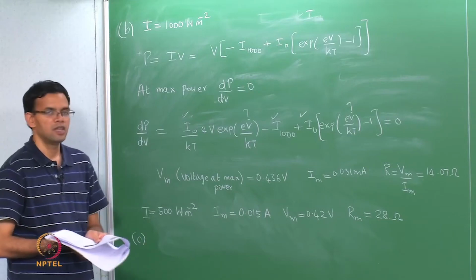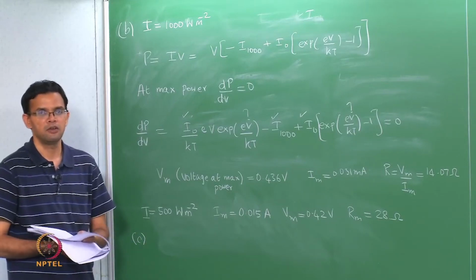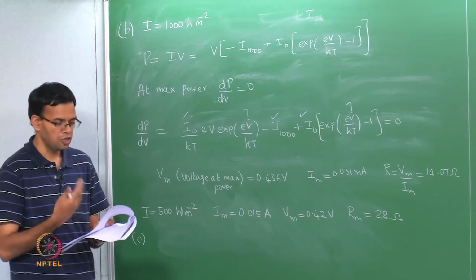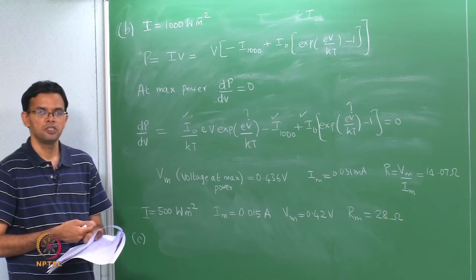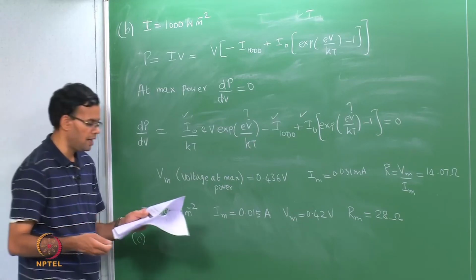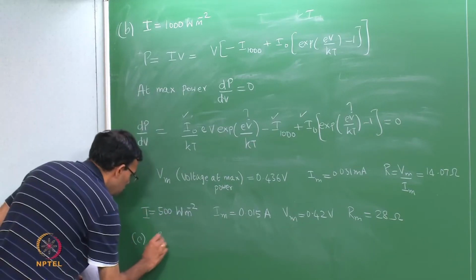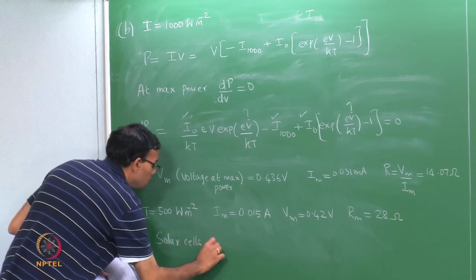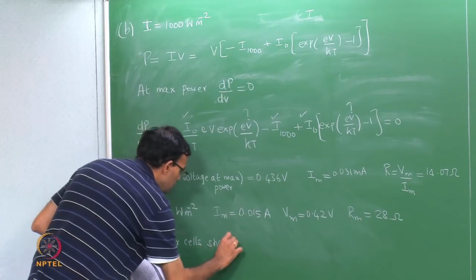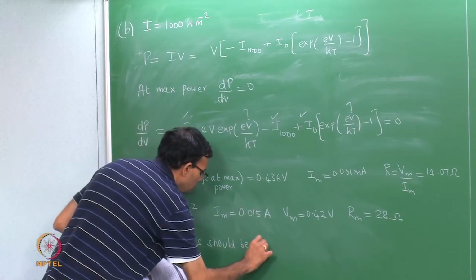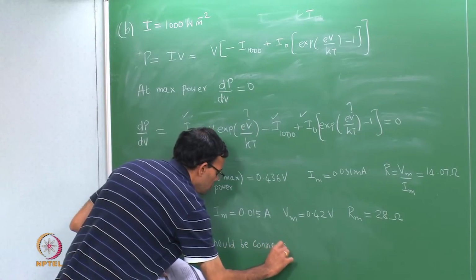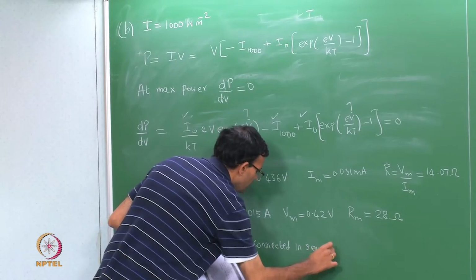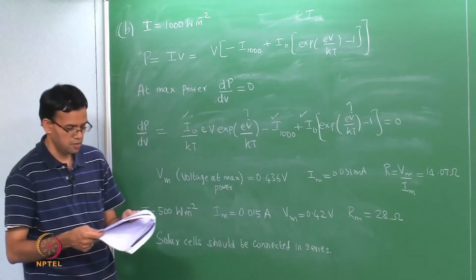So, when we have solar cells each having a particular voltage, and they should essentially be connected in order to give the voltage of 3 volts, these solar cells should be connected in series.